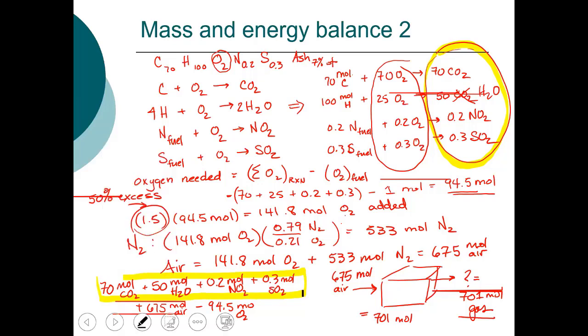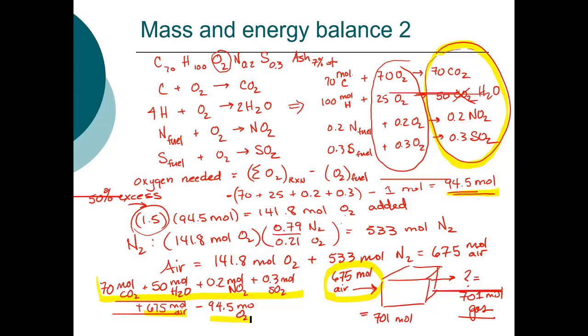We needed to add 675 moles of air. So that's right here. But we're reacting. So from this air that we added, that air contains oxygen and nitrogen.